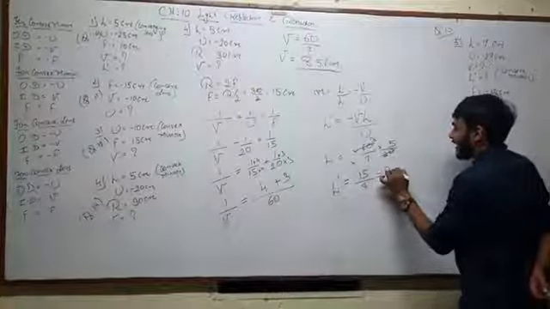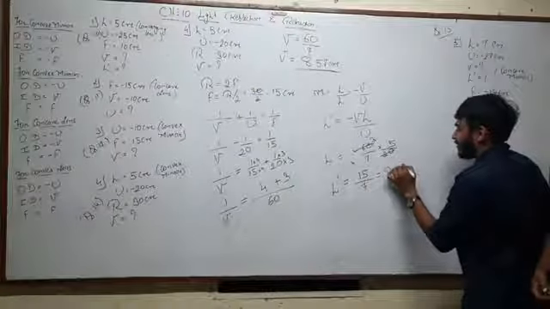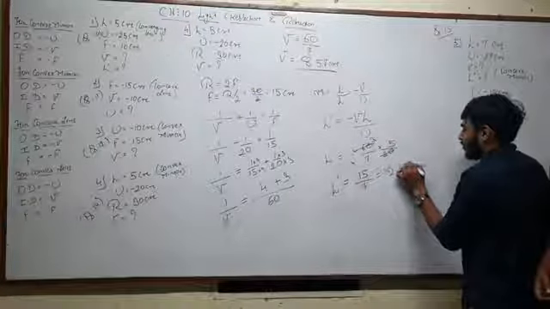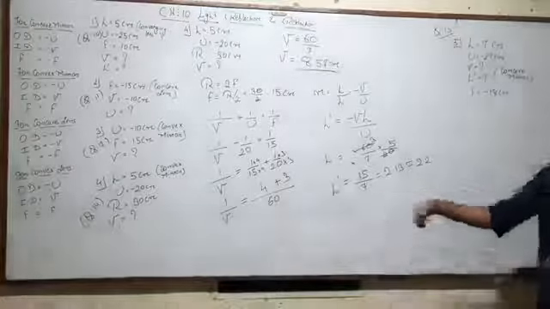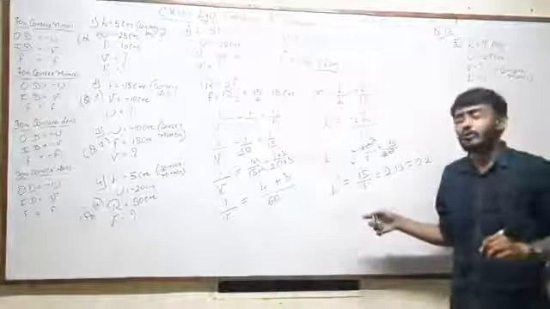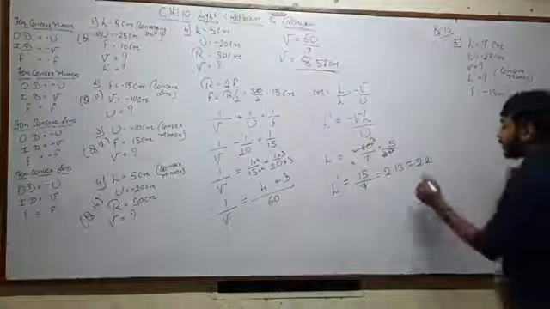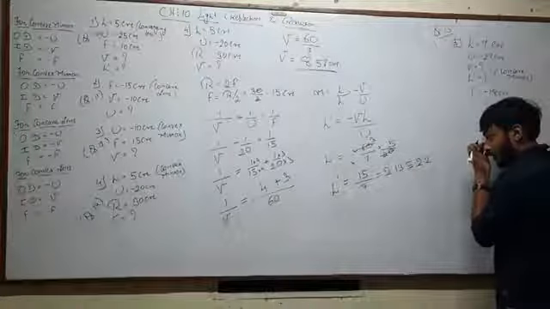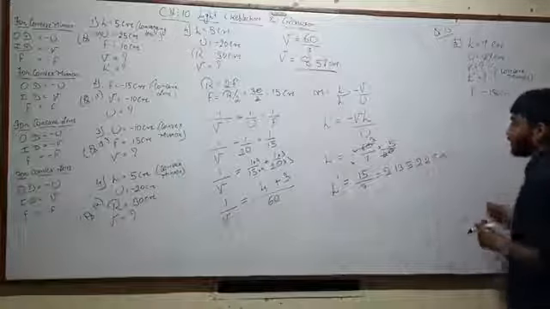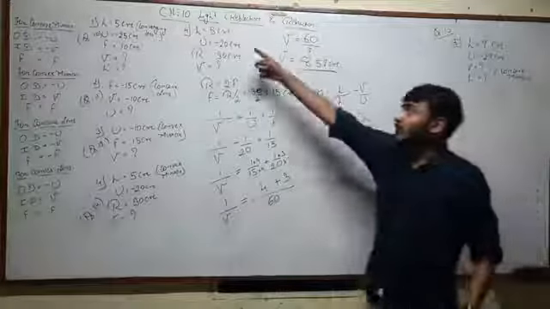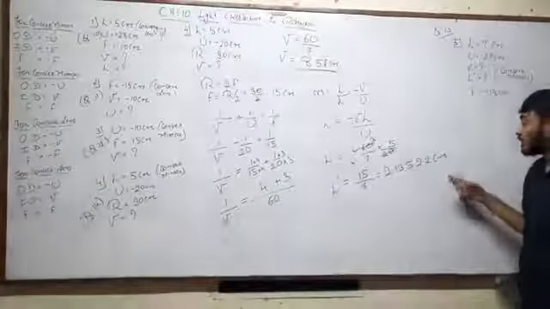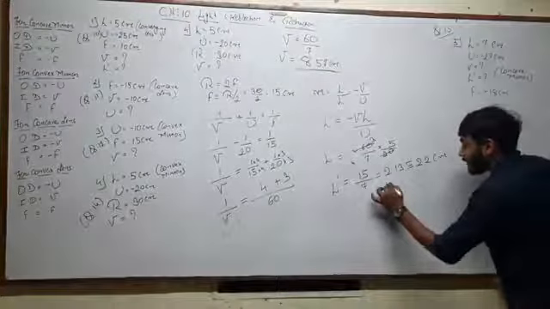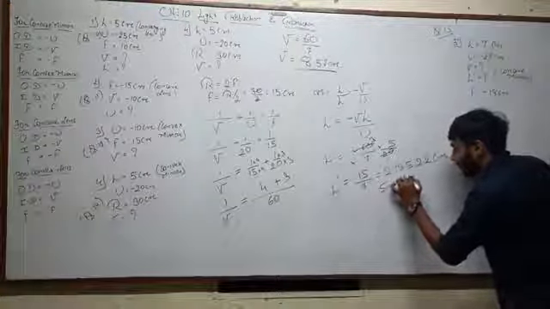That will be something like 2.13. You can also write it as 2.2, because 7 twos are 14 and 1, so 2.12, it will be continuing like this. So you can write it is equivalent to 2.2 centimeter. See students, now the object height is 5 and the image height is 2.2, that means it is small in size, of course.